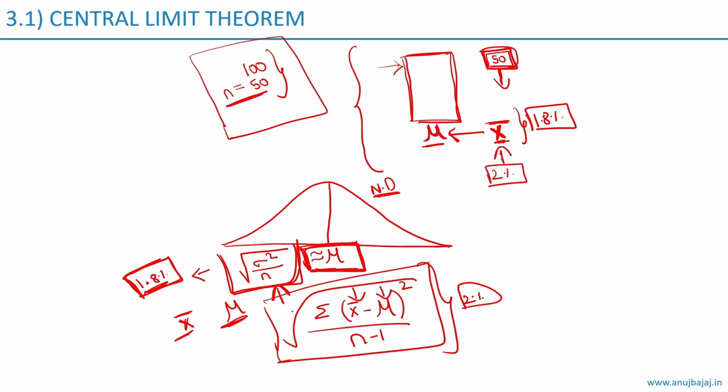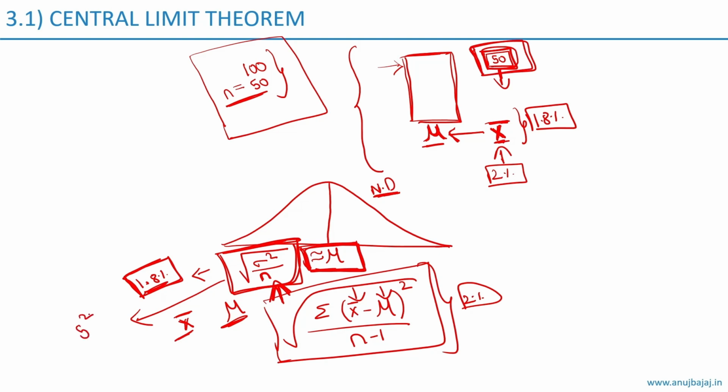So the people who developed the central limit theorem came up with this approximation of the standard deviation, which is the square root of the population variance divided by the sample size. And if the population variance is not available, then we can use the variance of the sample we have withdrawn.